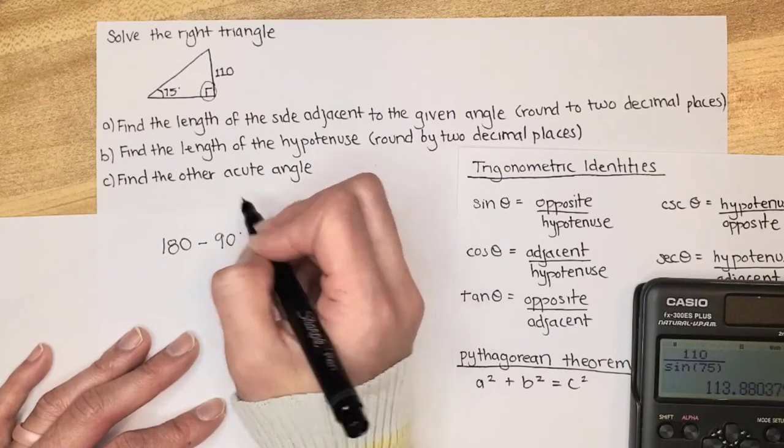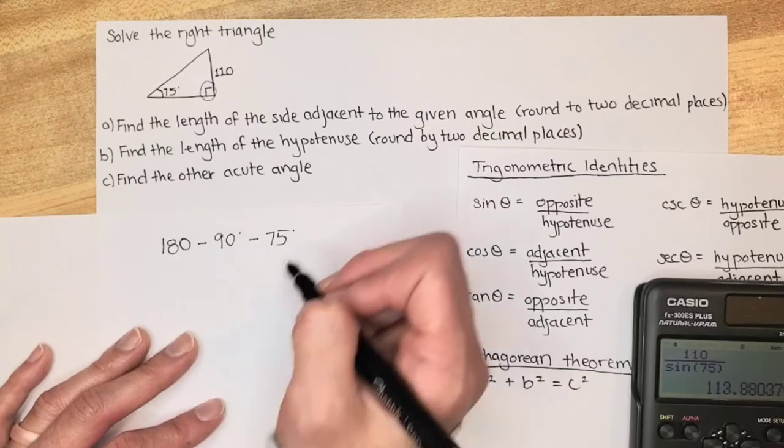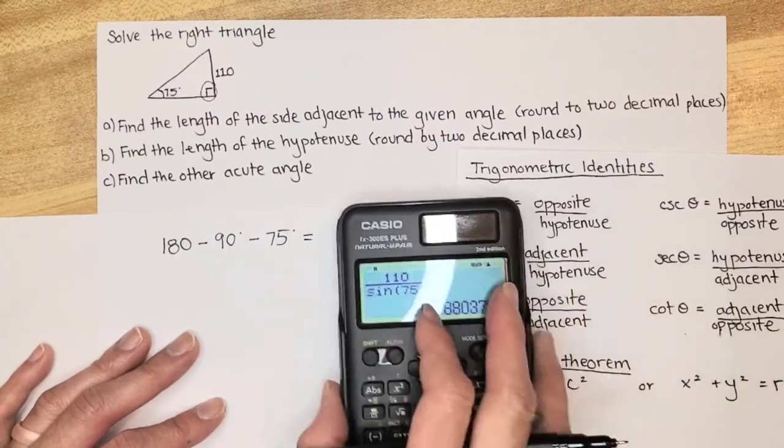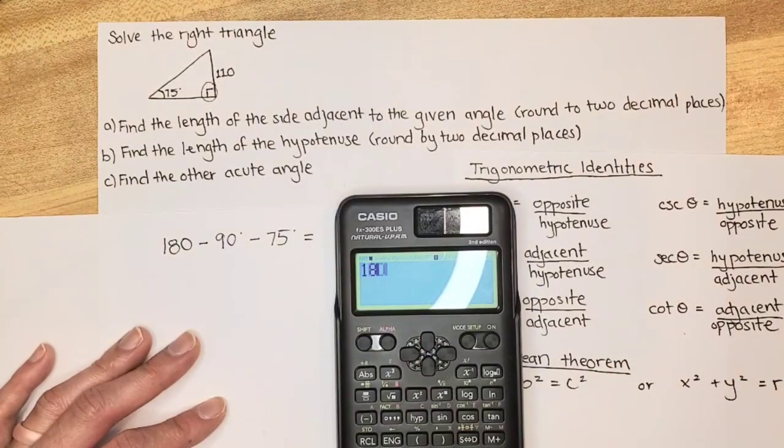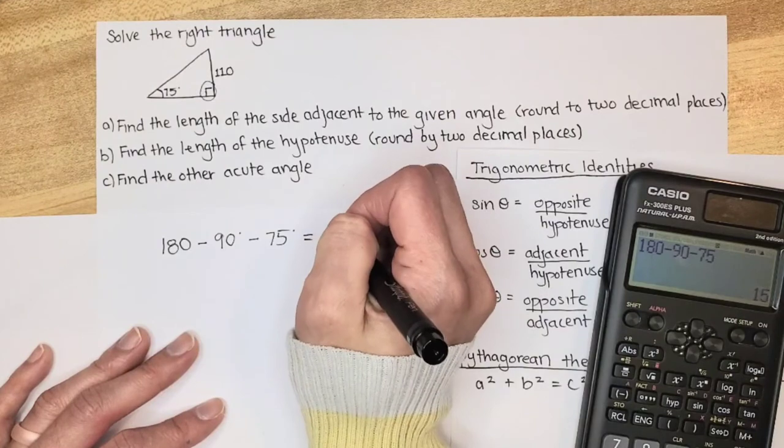We are also given another angle, which is 75 degrees. So if we simply subtract 180 minus 90 minus 75, we get a value of 15 degrees.